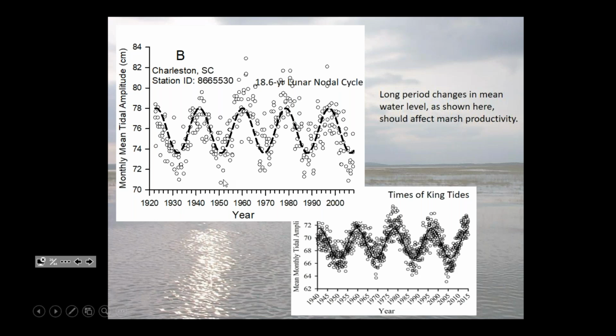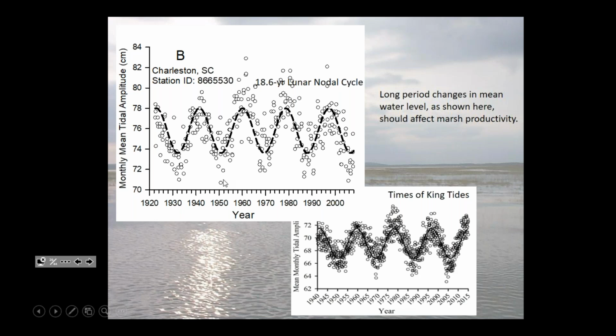The moon has a little tilt to its orbit, and it takes 18.6 years to rotate from one extreme to the other. And during that cycle, the moon and the sun will exert maximum or minimum gravitational pull on the surface of the ocean. That changes the mean high water level. Doesn't change mean sea level, it changes mean high water level.